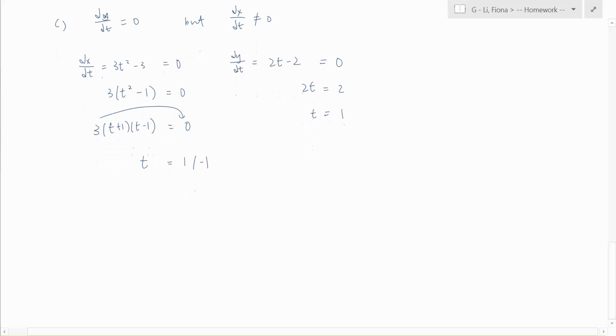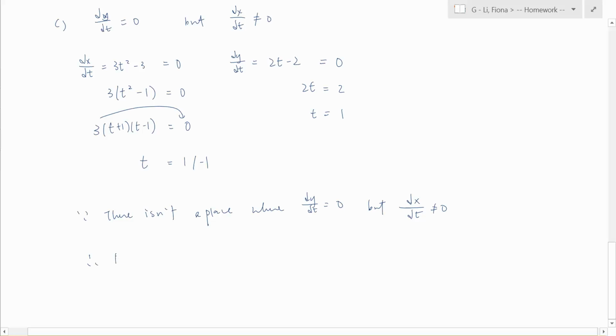And so we can draw the conclusion that there isn't a place where dy/dt equals 0, but dx/dt is not equal to 0.